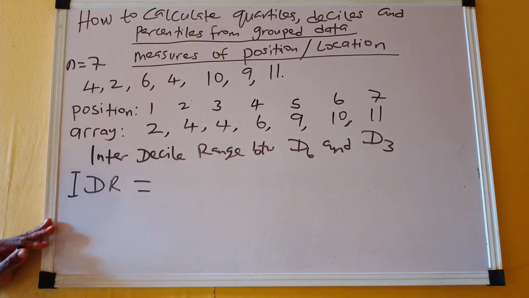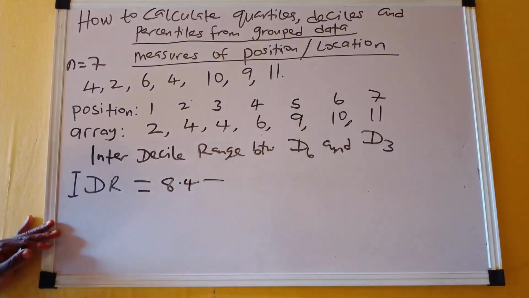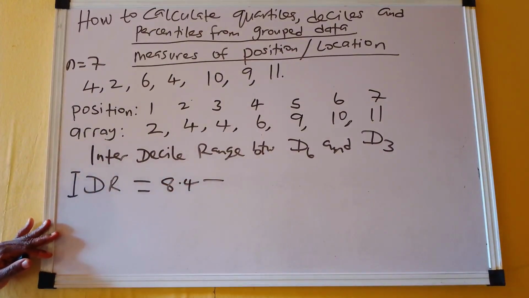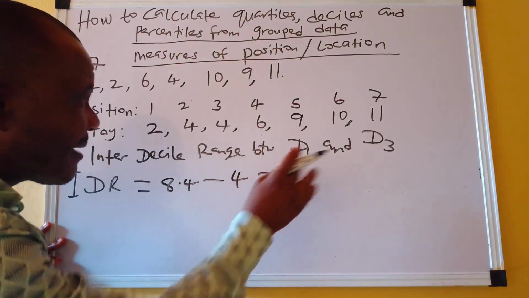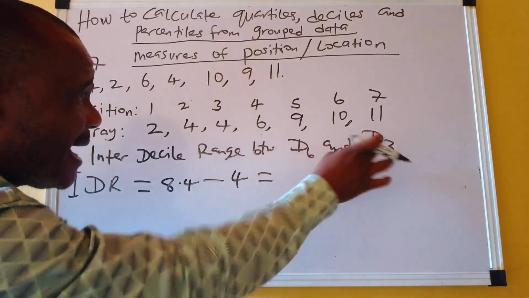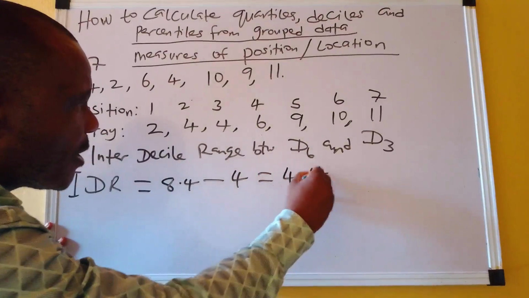Our D6 that we just calculated is 8.4, minus our D3 that we calculated from the beginning, which is 4. So our interdecile range between D6 and D3 is 8.4 minus 4, which is equal to 4.4.